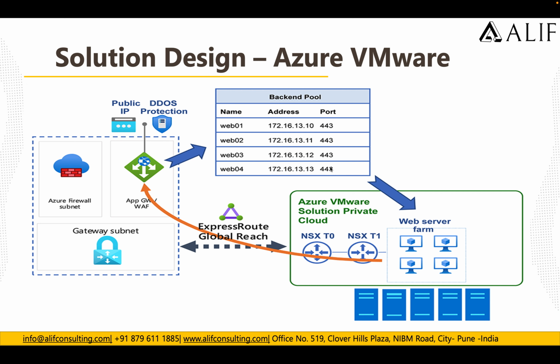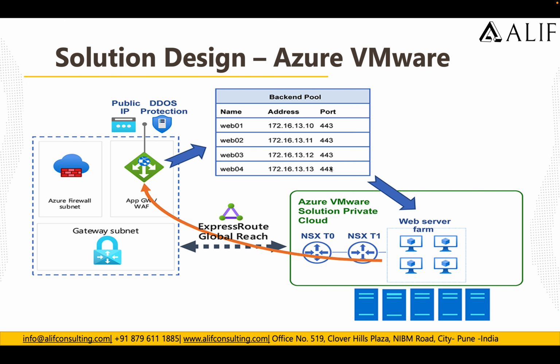Now, when you're running your VMware solution on Azure, you cannot connect it to your Azure virtual network using the backbone network, and that's where you need to use ExpressRoute. So ExpressRoute was used to connect with the VMware solution, providing a one-to-one connection between the Azure VMware private cloud and the Azure resources, and from there it has been extended. All of this connection was extended to the on-premise using ExpressRoute as well.